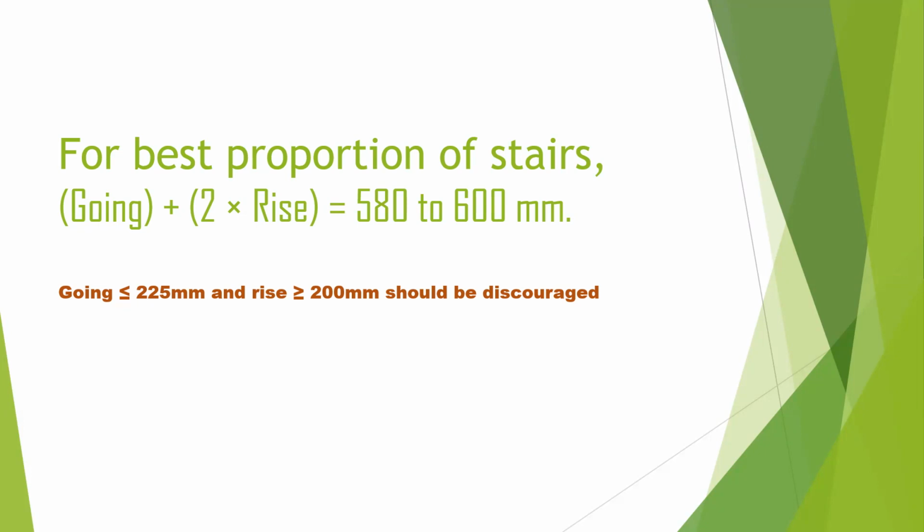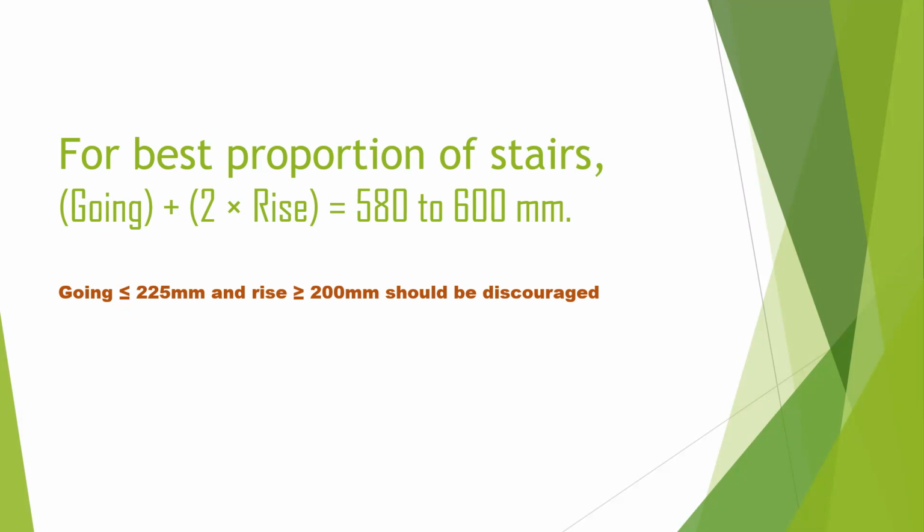So if you have a going that is 200 or 225 itself, it is not very good. And if you have a rise of 200 and above, it is also not very good.